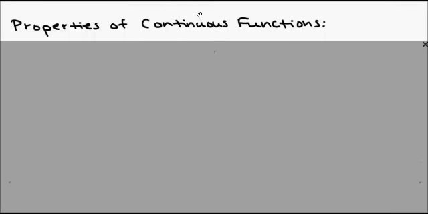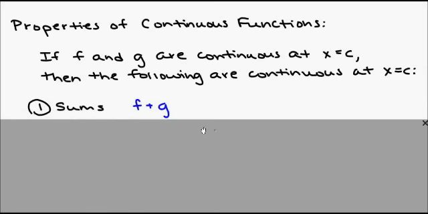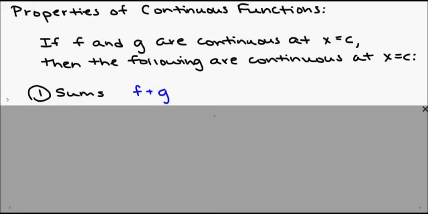Properties of continuous functions. If f and g are continuous at x equals c, then the following are also continuous at x equals c. The sums, so you could add those two functions together and that result will be a continuous function.